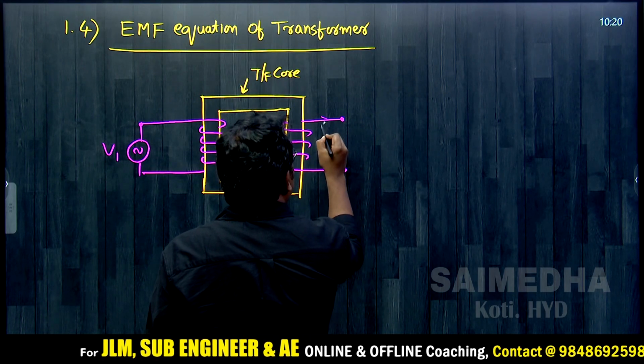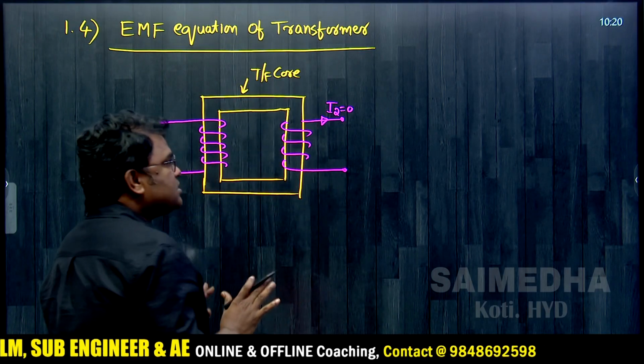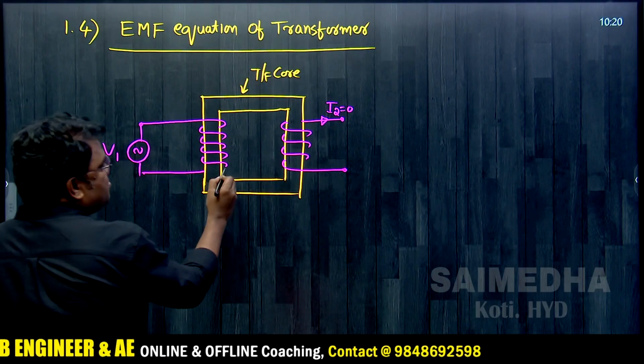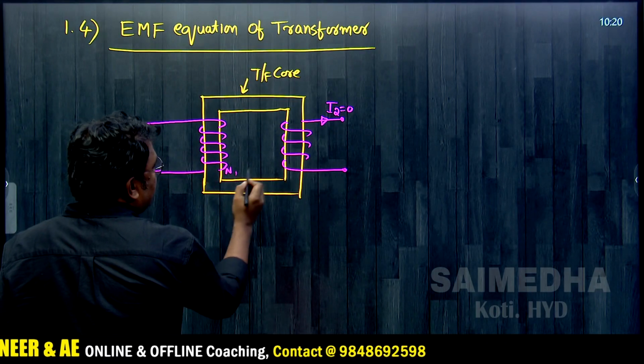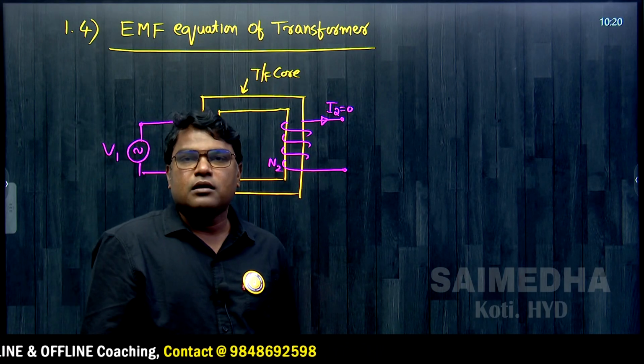Under no load condition, I2 is equal to 0, so no current flows in the secondary winding. The number of turns in the primary winding is N1, whereas the number of turns in the secondary winding is N2.